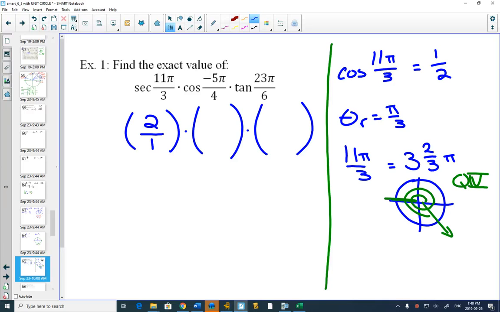Five pi over 4 is in quadrant 3, but if we go negative 5 pi over 4, we would have to think about going 3 quadrants in the negative direction, and that would end in quadrant 2. Is cos positive or negative in quadrant 2? Negative. So we could write negative root 2 over 2.